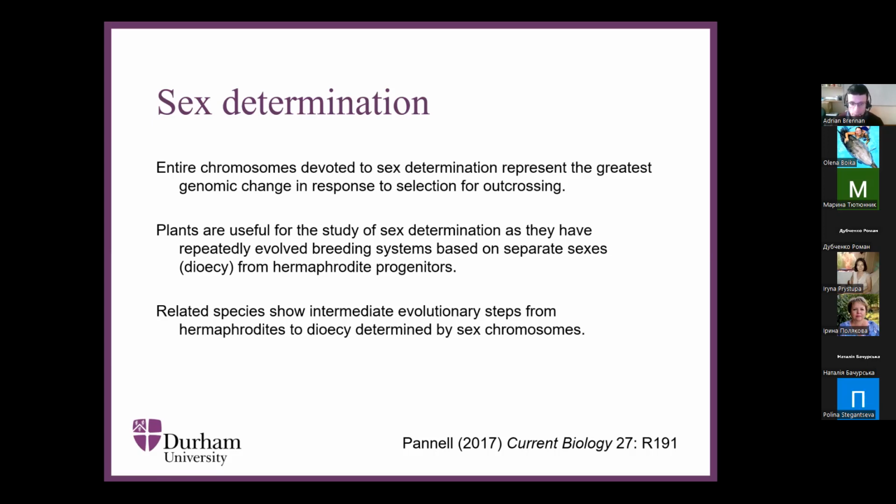And we have all different stages in the evolution of sex chromosomes, all the way from hermaphrodites through to the most extreme of the male and female plants with sex chromosomes. So we can capture evolution in action.